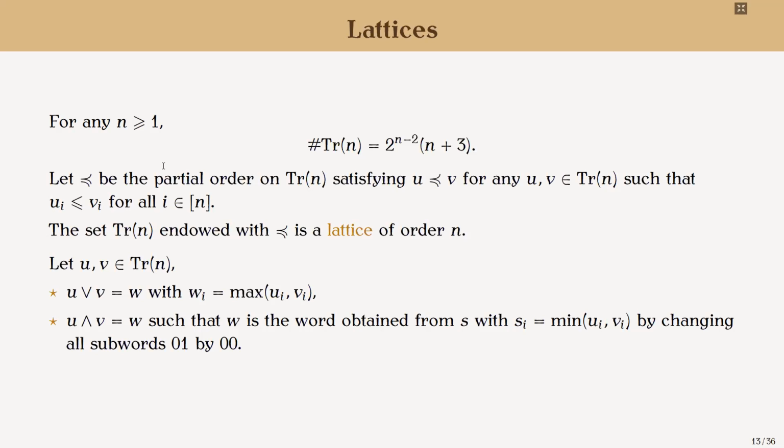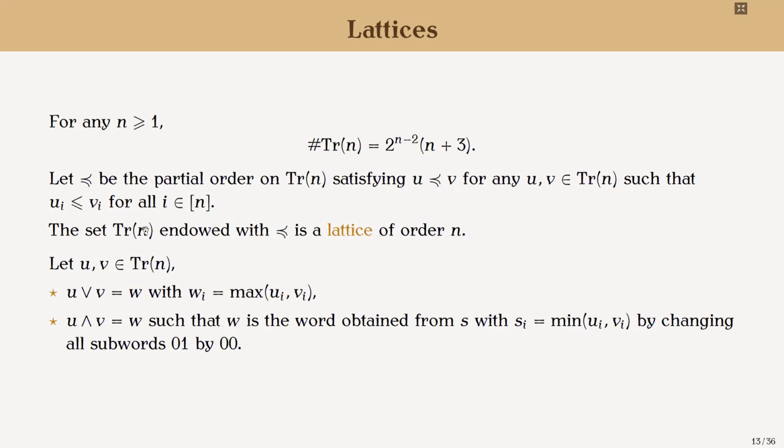Now we have easier objects, and they come very naturally with a partial order, which is given by the component-wise order. This is a very simple partial order: for two Triwords U and V, U is smaller than V if for each letter of U, it is smaller or equal to the letter of V at the same position.